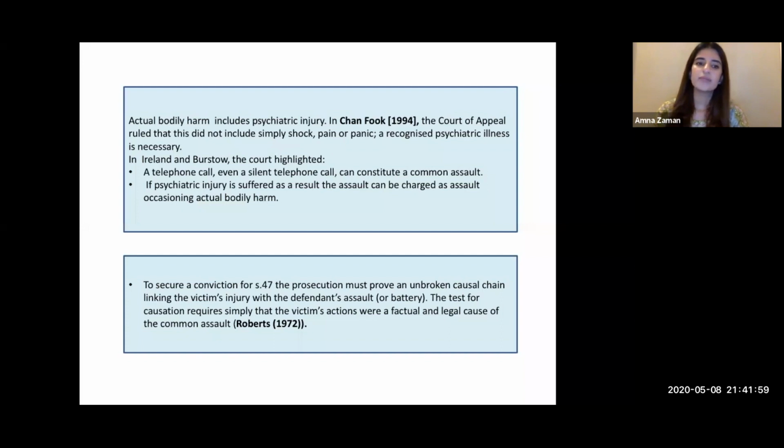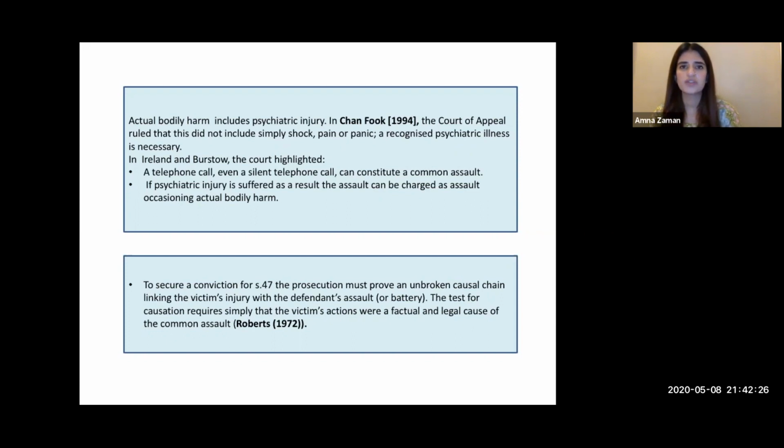In Ireland and Burstow, both of the cases, the court highlighted that even if the defendant gives a silent telephone call to the victim, that can amount to common assault if it results in psychiatric injury. So on the facts of these cases, the defendants were stalking the victims.